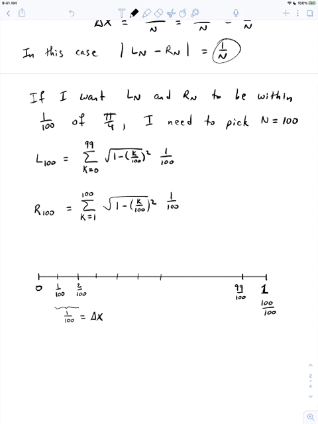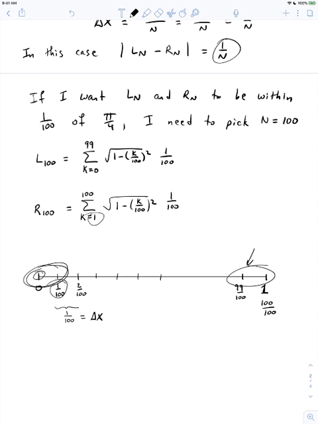So the usefulness of this little diagram is that it makes sure that we start at the right endpoints. So if we're doing L sub 100, we start at the left endpoint, which is 0. And for the last interval, the left endpoint is 99 over 100. So that's where that 99 comes from. And similarly, if I'm doing the right endpoints, I know that for the first interval, the right endpoint is 1 over 100.